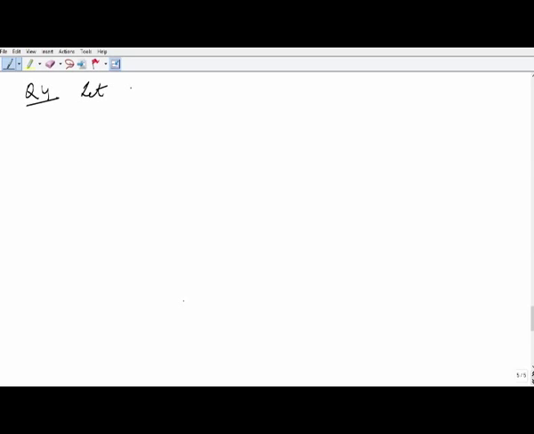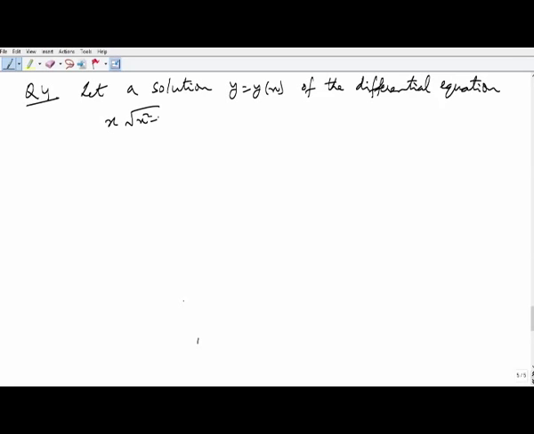Let a solution y equal to y of x of the differential equation x times square root of x square minus 1 dy minus y times square root of y square minus 1 dx equal to 0 satisfy y at 2 is equal to 2 by root 3.